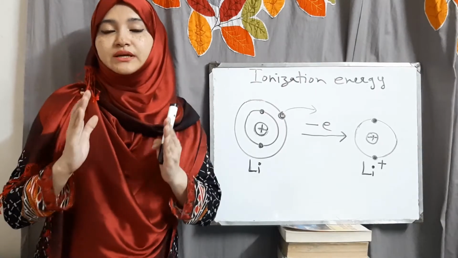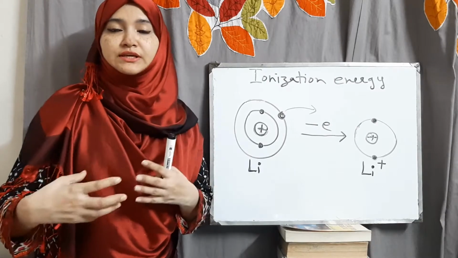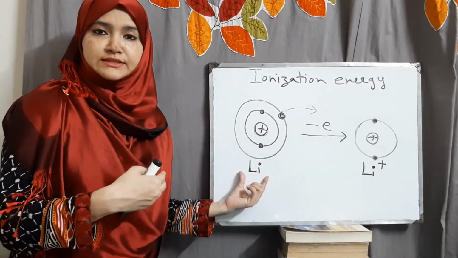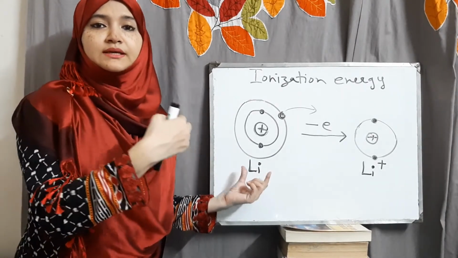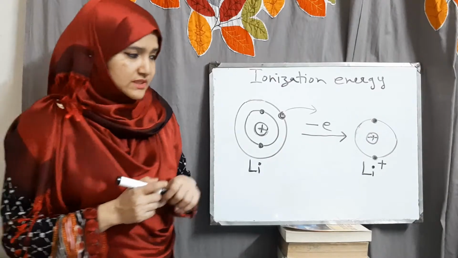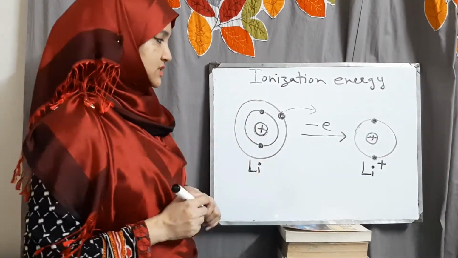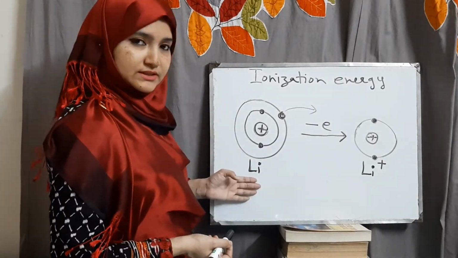By removing one electron from any neutral atom in its gaseous state, we have to apply energy, and this amount of energy is called ionization energy. For example, this is the atomic structure of lithium.